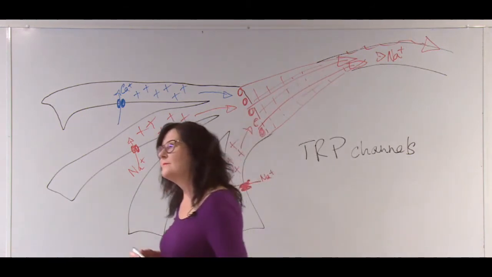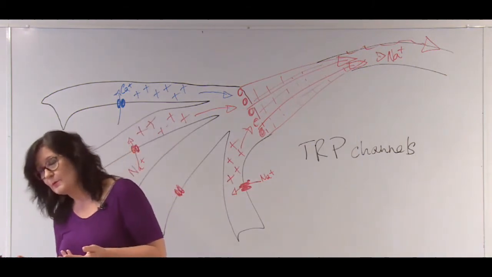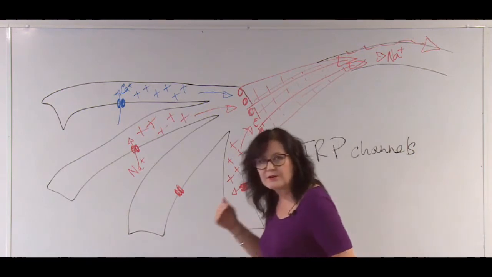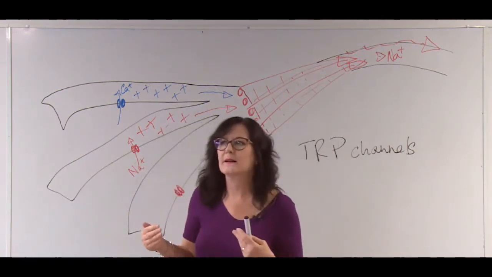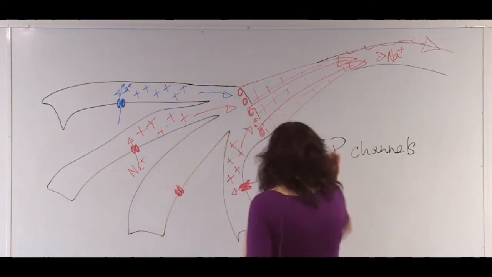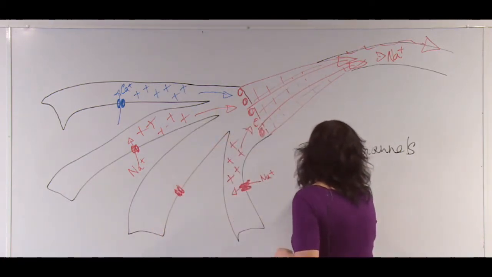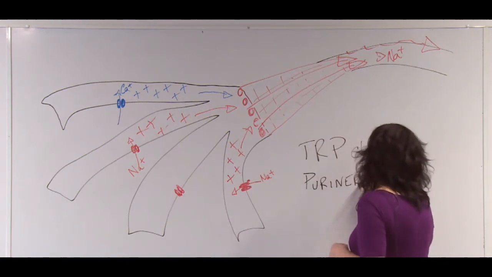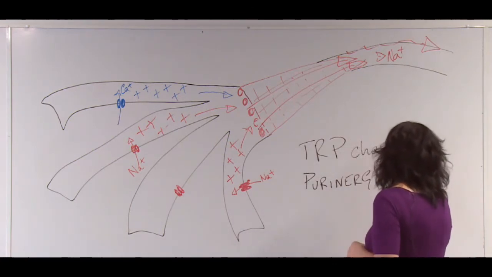As always, other channels are available. So there's two others that I want to introduce to you that we'll come back to, particularly in terms of ischemia. One is a purinergic receptor.